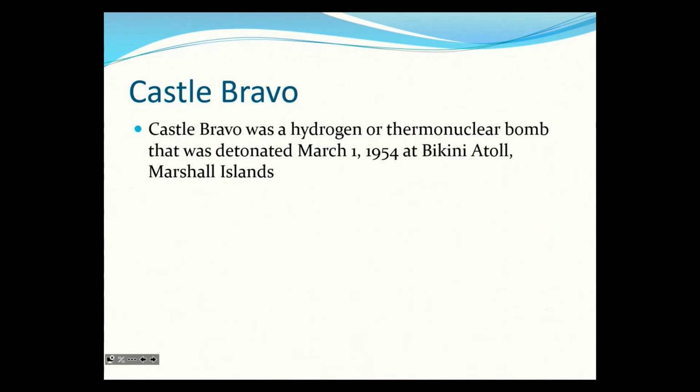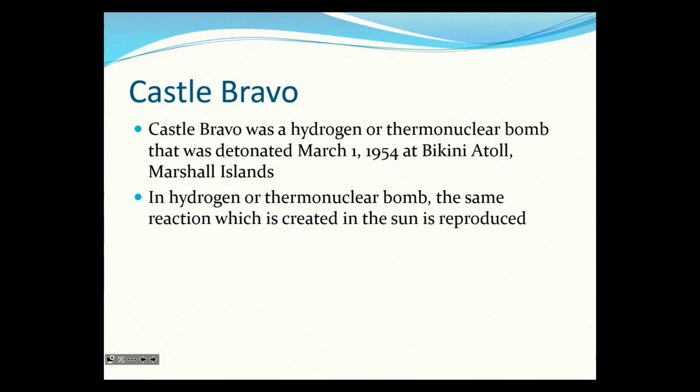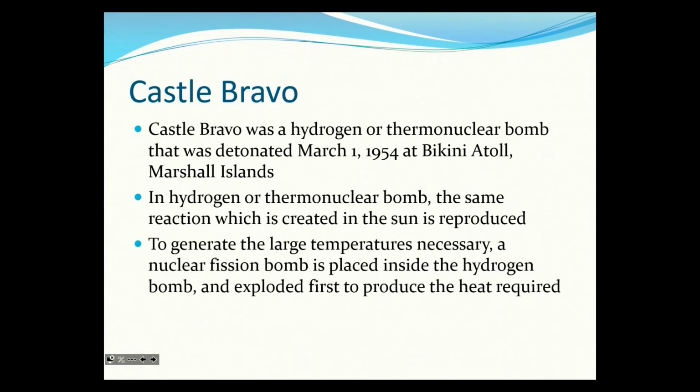So Castle Bravo was a hydrogen or thermonuclear bomb that was detonated in 1954 in the Bikini Islands. In a hydrogen or thermonuclear bomb, you're recreating the reaction that happens in the sun, so you're turning hydrogen into helium. This reaction is hard to do because in order to make a fusion reaction happen, you need really high temperature.